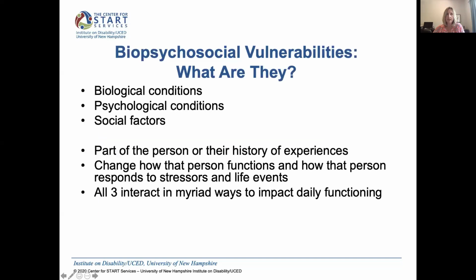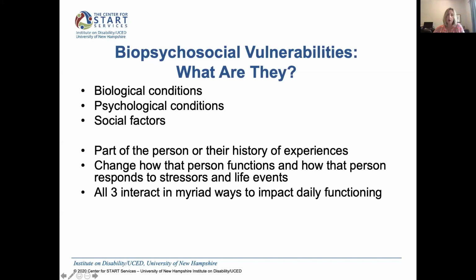So we talk a lot about biopsychosocial vulnerabilities in helping us to identify what is happening for the person and the system they live in. Why have they come to us? What are the factors that impact what's happening to that system and that person? First, we have to look at biological conditions first and foremost, then psychological conditions and social factors.